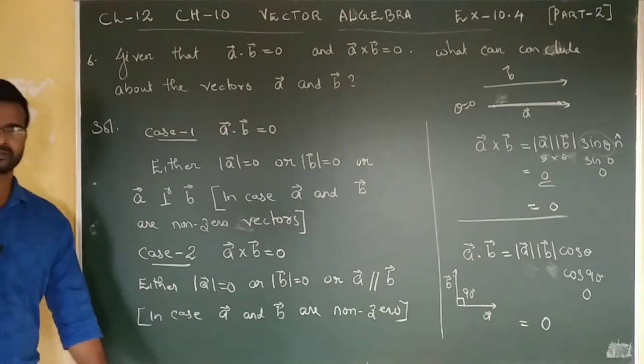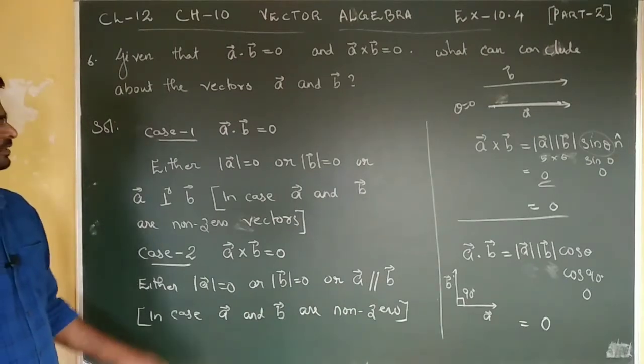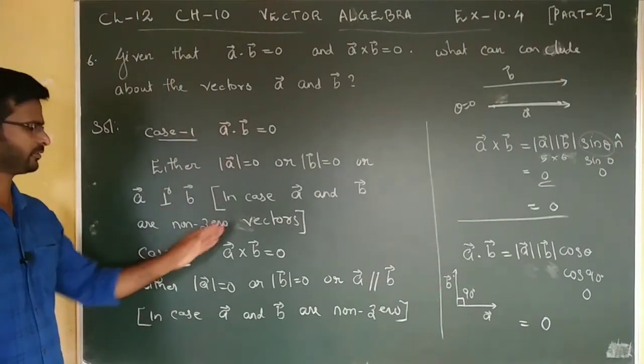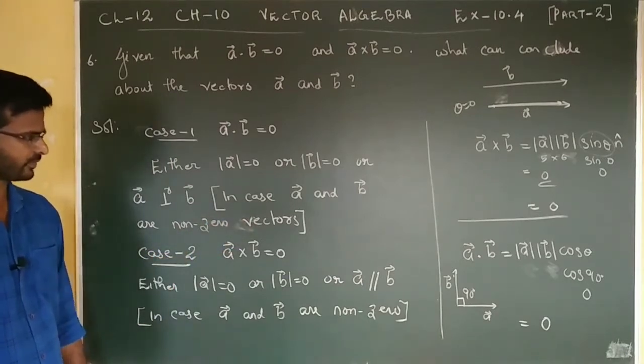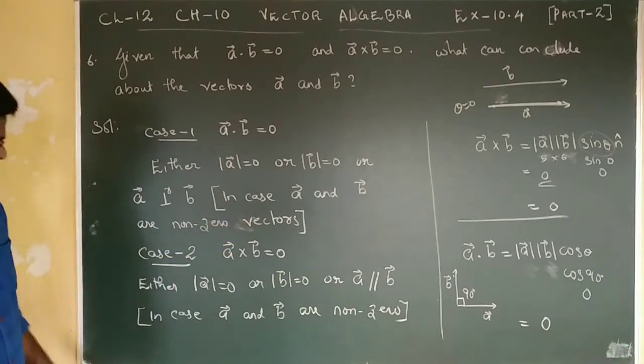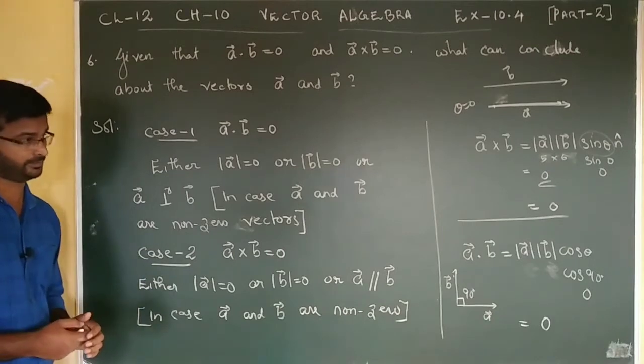Now we took both conditions, A dot B equals 0, A cross B equals 0. We have to conclude this one.